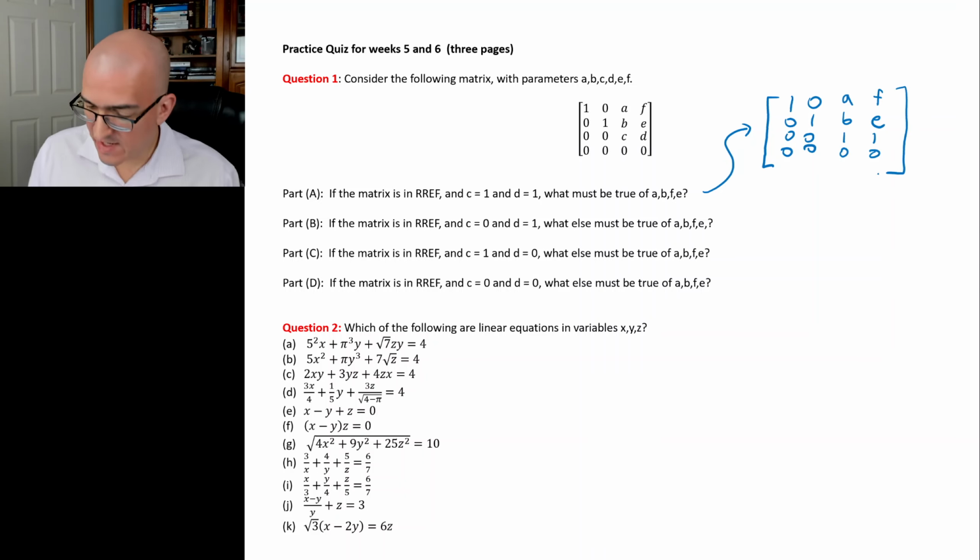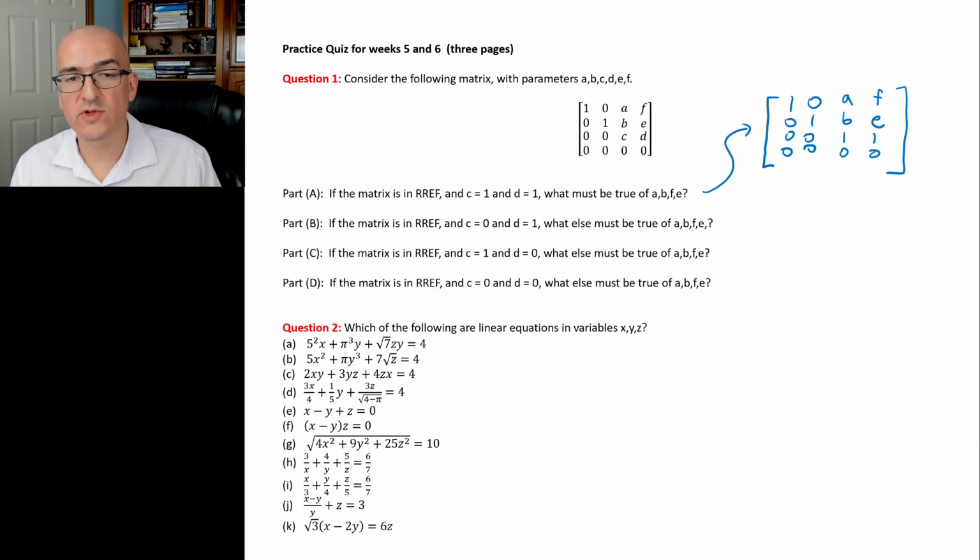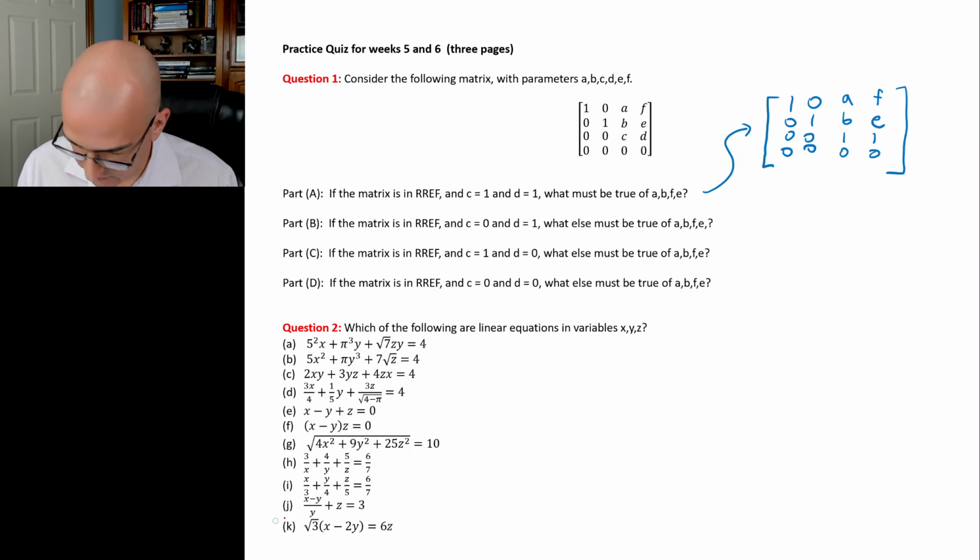Okay, and then it's saying that this matrix is fully row reduced. What does that mean about the other letters that are there? If this matrix is fully row reduced, then this must be a happy leading one.